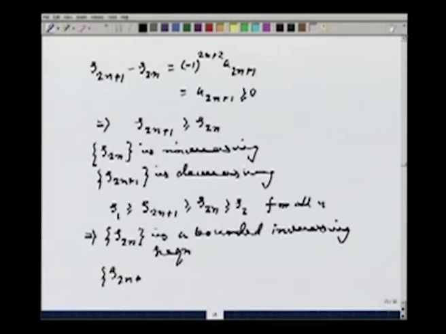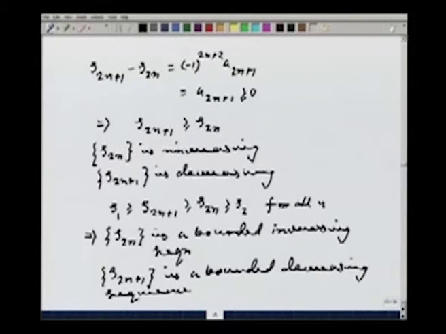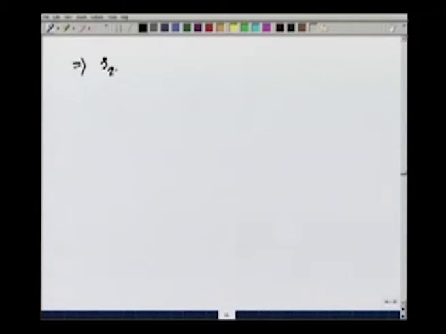Similarly, S2n plus 1 is a bounded decreasing sequence. But we know that every bounded increasing or bounded decreasing sequence converges to some number. So S2n converges to some number s, and S2n plus 1 converges to some number s prime, let us say.